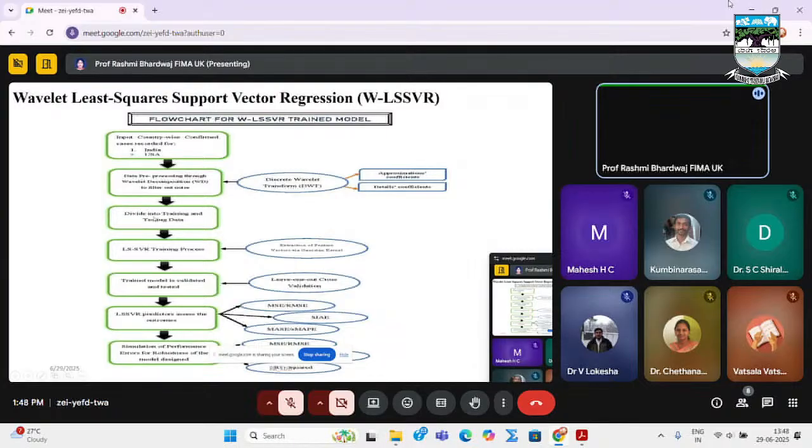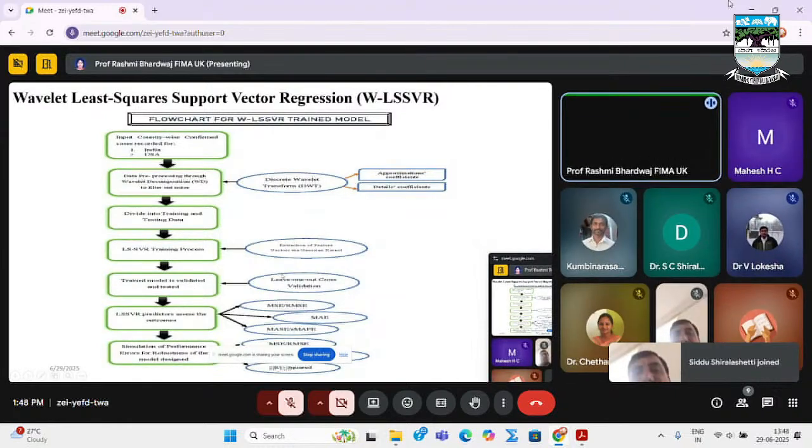Once we divide into training and testing, we apply the LSSVR training process, and then we extract the information using the Gaussian kernel. We train the model and validate the result. Here we have used leave-one-out cross validation. Using this, we have used the LSSVR predictor, and then we simulate the processes using the errors already mentioned, and try to find out which error is the minimum.